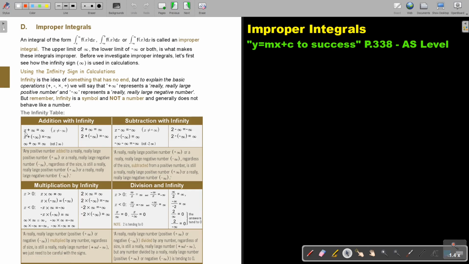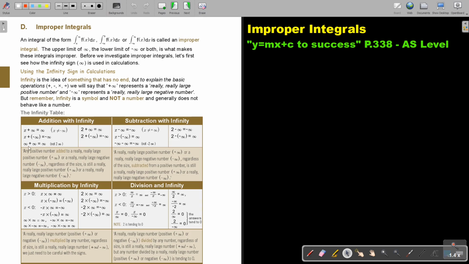So if you have x plus infinity, it will just be infinity. So 2 plus infinity will just be infinity. Do you see? A positive number plus it is just positive infinity. If you have a number plus negative infinity, it's negative infinity. So 2 plus negative infinity is negative infinity. Infinity plus infinity stays infinity.